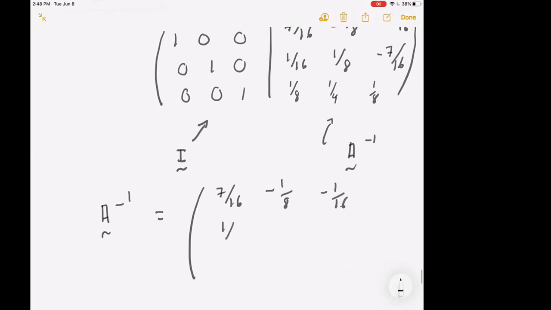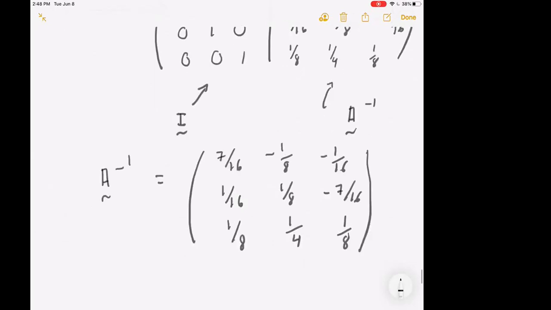Second row looks like this. And the third and final row looks like this. So it's a matrix of order 3. It has 3 rows, and it has 3 columns.